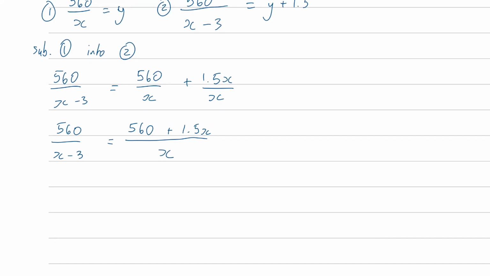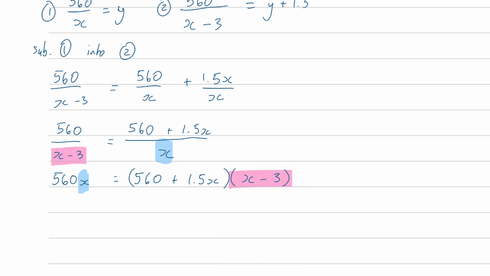So what I mean by that is 560 will be multiplied by x, and then 560 plus 1.5x multiplied by x minus 3. So what this does is it eliminates the denominator. So we're left with 560x equals 560 plus 1.5x, being careful to use brackets here, all times x minus 3. Just to clarify, we multiplied across that way and across that way.